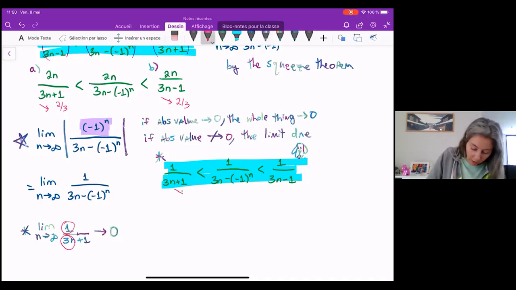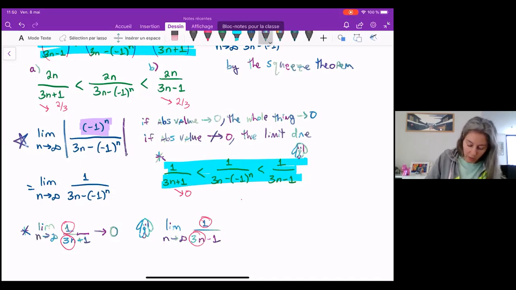So this thing right here is going to 0. And then puppy dog, we have the limit as n approaches infinity of 1 over 3n minus 1, we can see will give us the same thing. We've taken the big stuff there, and we get that this is also going to 0.